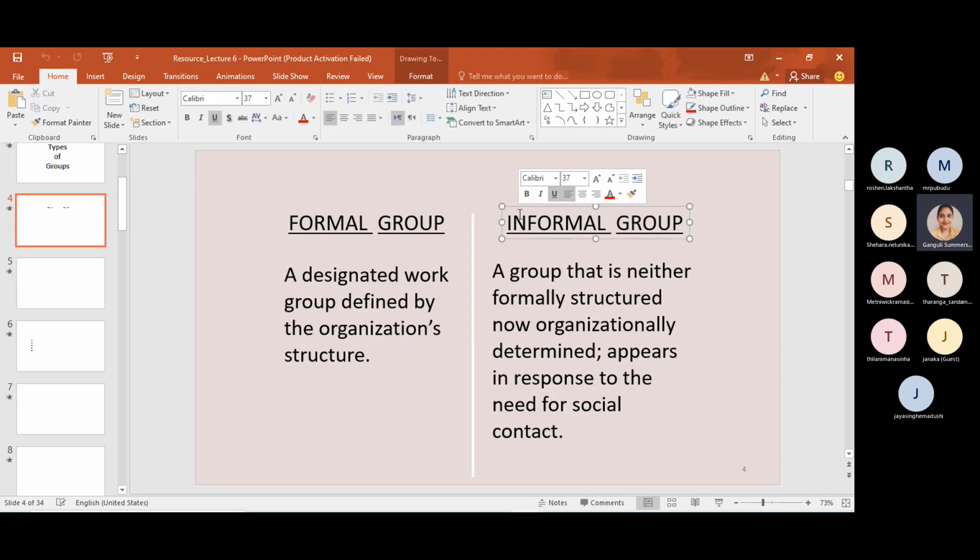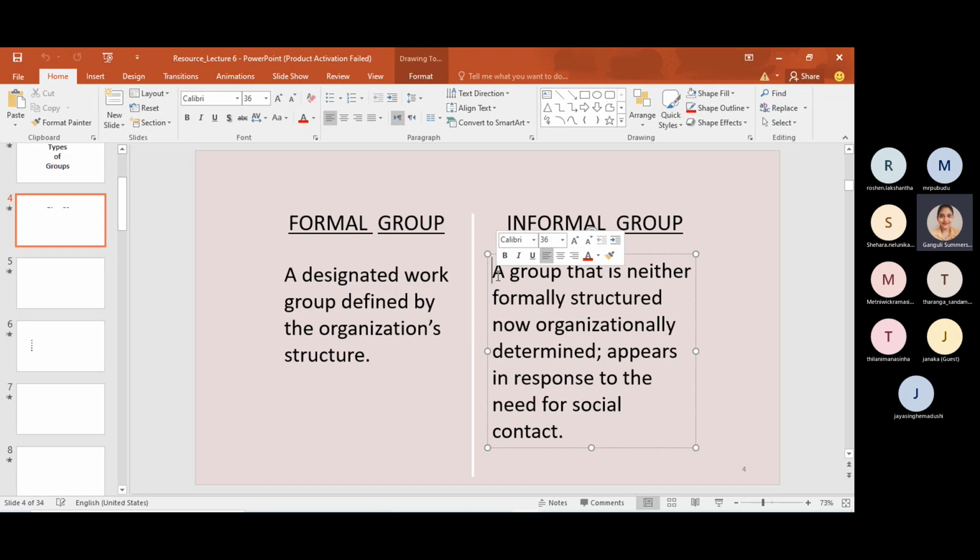Informal groups are the opposite of formal groups. Let's look at the definition: a group that is neither formally structured nor organizationally determined, appearing in response to the need for social contact. Informal groups are not formed by the organization, and you do not form them to achieve organizational objectives.